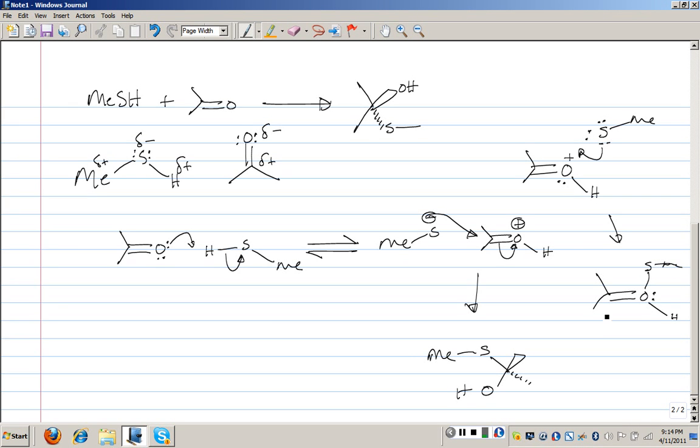So that's impossible. So I can't have the sulfur directly attack the oxygen, because it violates very fundamental precepts about how many electrons can occupy a second row element. Okay, so the octet rule would be violated.